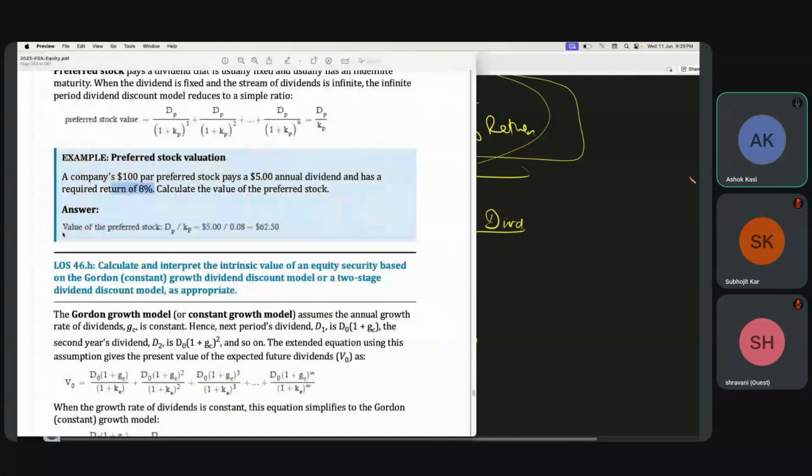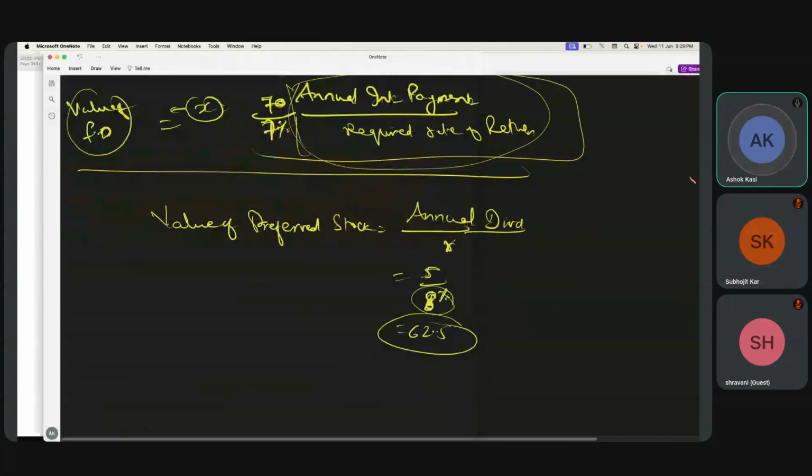Whatever rate was initially decided, say 5 percentage, 5 percentage of 100 is 5 rupees. But right now in the market you require 8 percentage, so the value of the preferred stock should be 62.5.